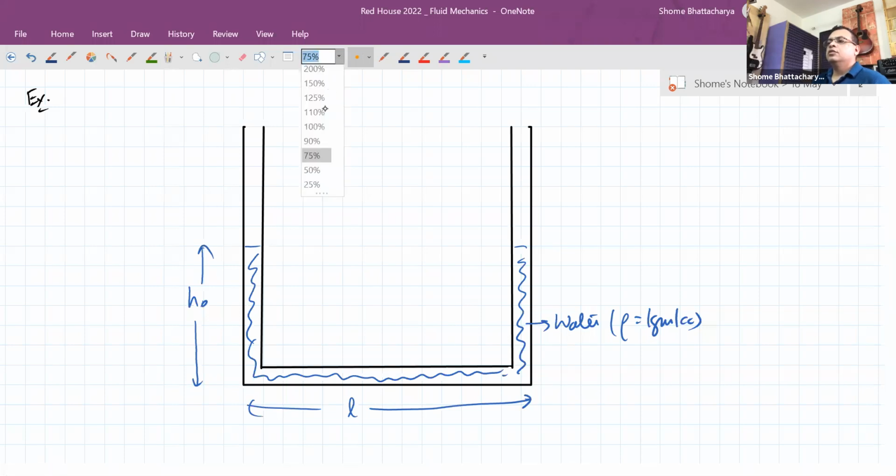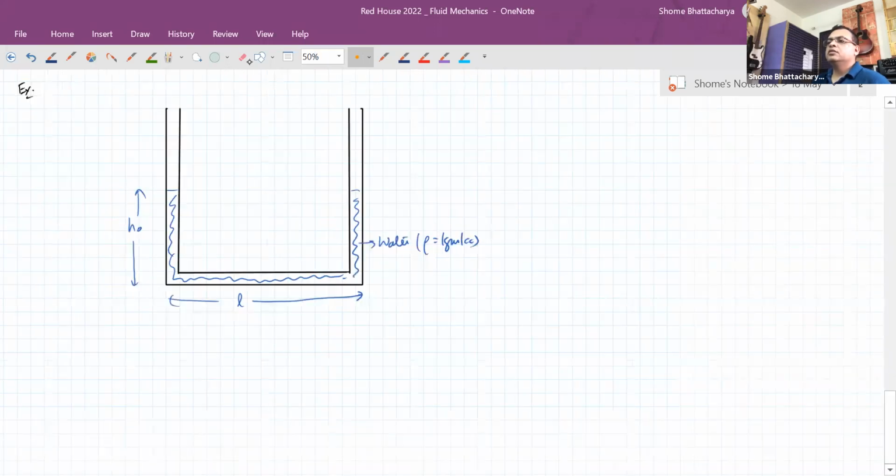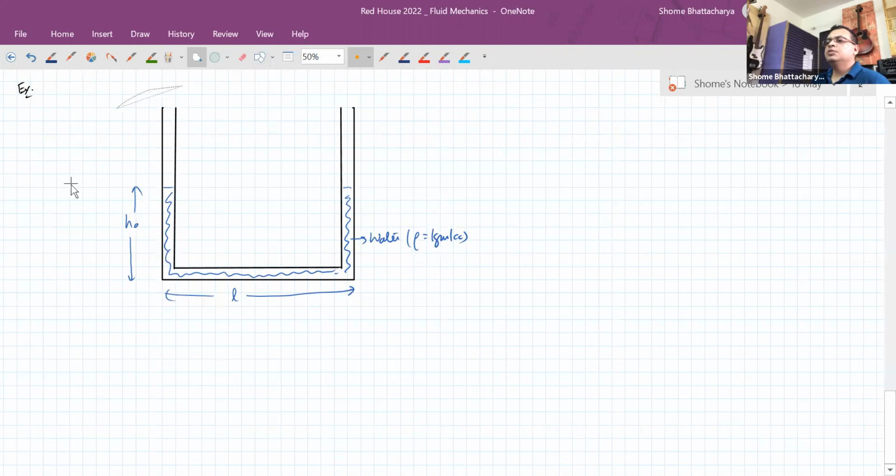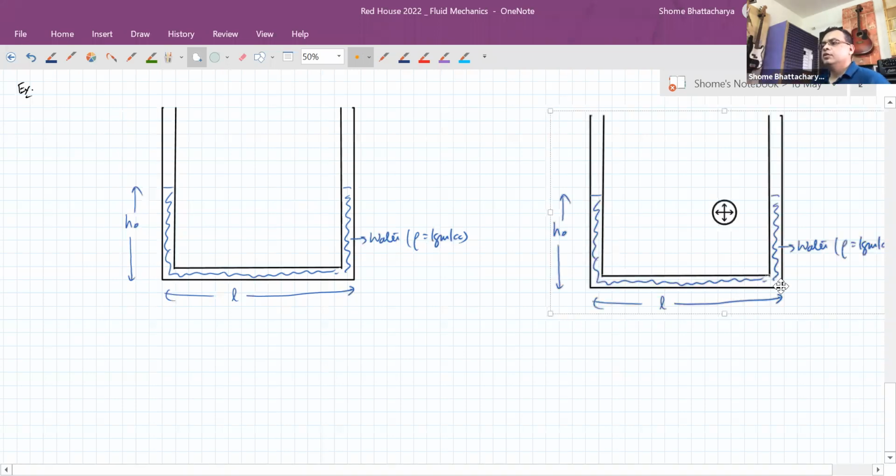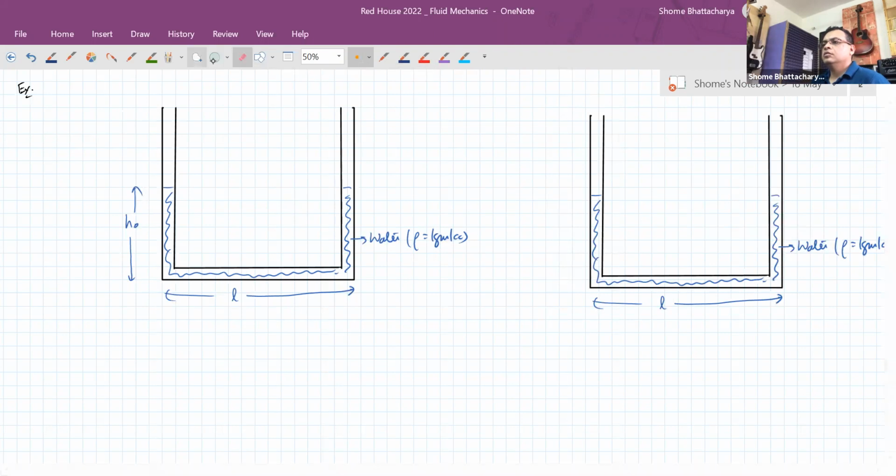Okay. Now next up, what we are going to do is, from one side, we are going to pour another immiscible liquid. And let's take the case where the immiscible liquid is something lighter than water, like kerosene oil. So that's going to create some change.